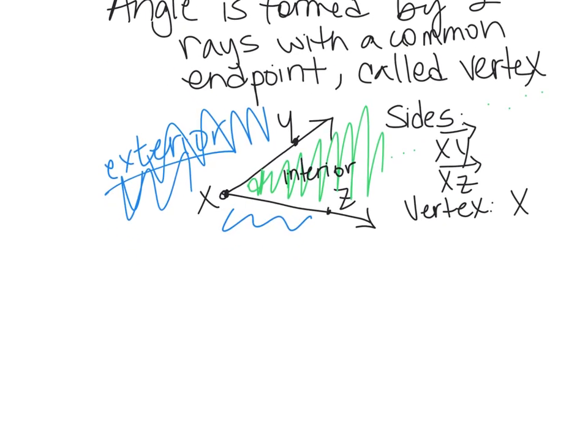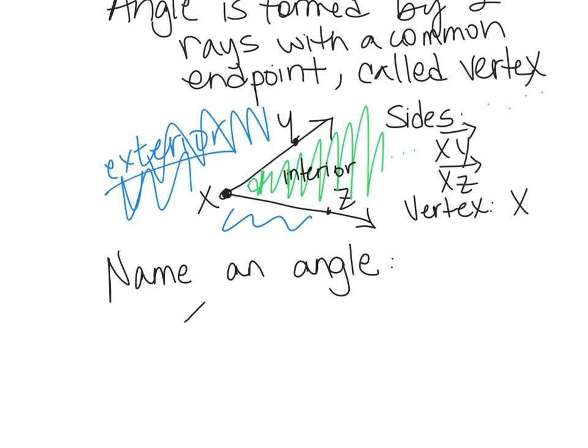When we name our angles, we can name an angle by the three letters, the three points that are on it, but we always want to put the vertex in the middle.